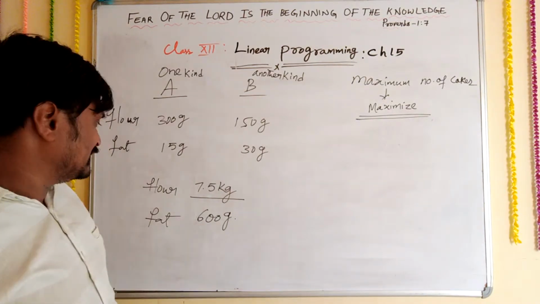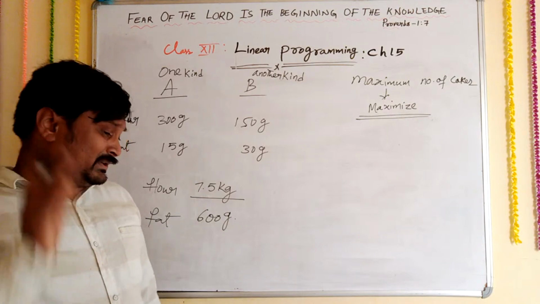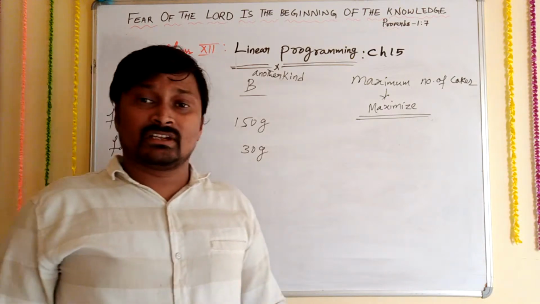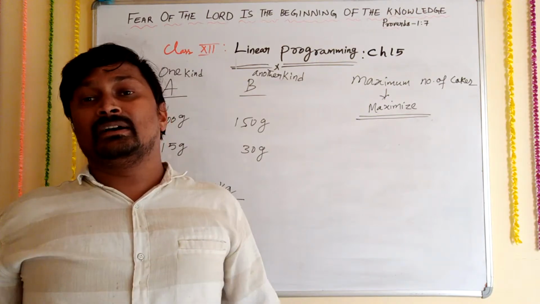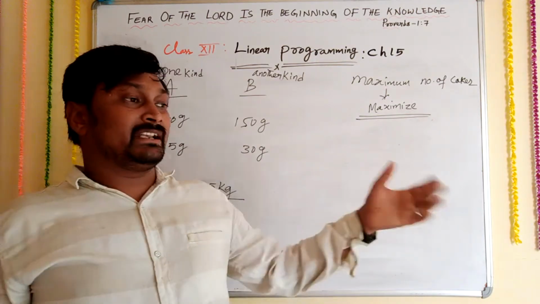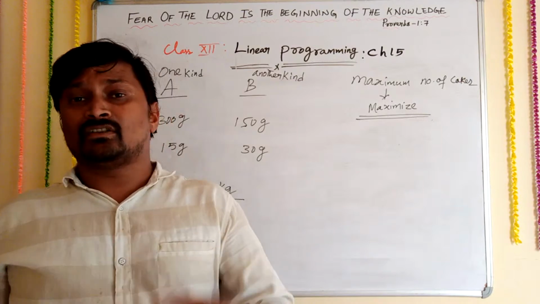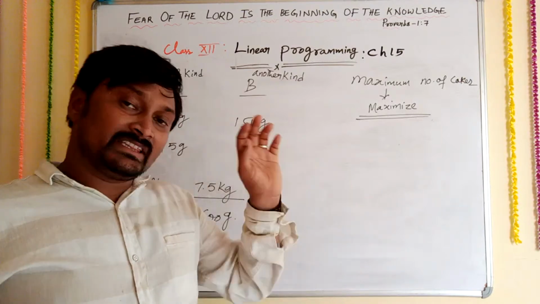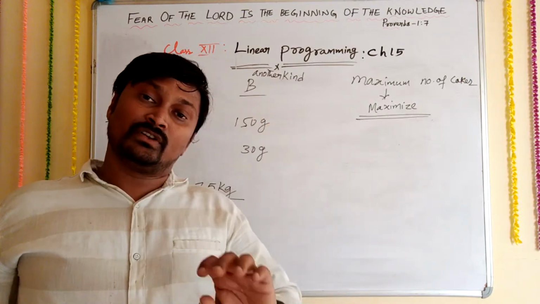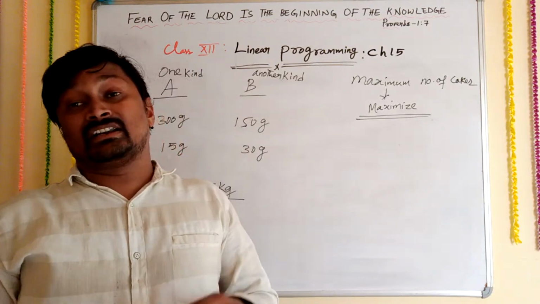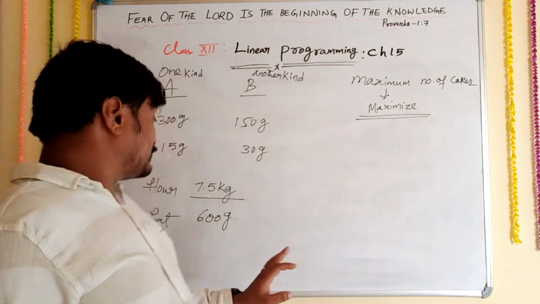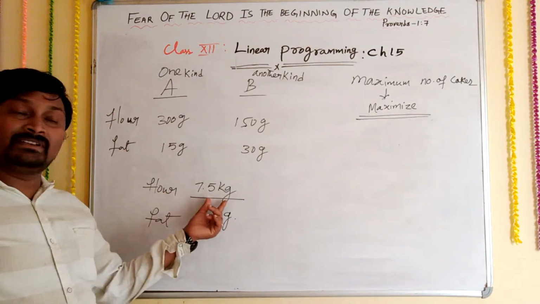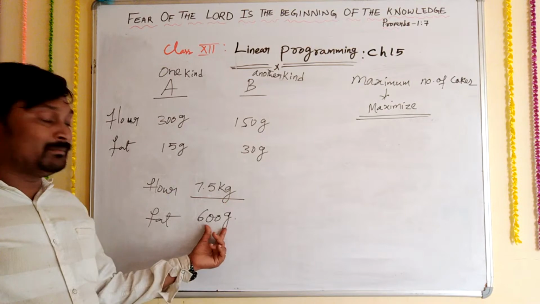It is just like, if they given for you 1 kg of sugar, and by using this 1 kg of sugar only you have to make tea for maybe 10 members or 15 members or 20 members, however many groups it may be, within that 1 kg sugar only you have to use. We cannot use more than that at any cost. Okay, so same method here also, flour will be 7.5 kgs and fat will be 600 grams.